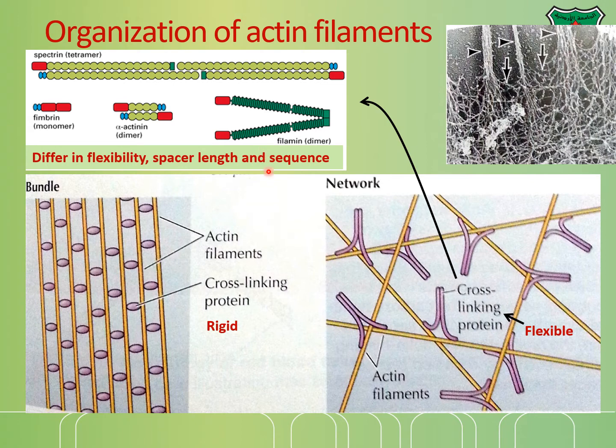So, for example, you can have cross-linking proteins forming bundles of actin filaments, or you can have actin being organized more as a network. So you can see here in this electron microscopic image, where you can see actin organized as filaments, as shown in here, or also in the same image, you can have actin filaments organized as a network.